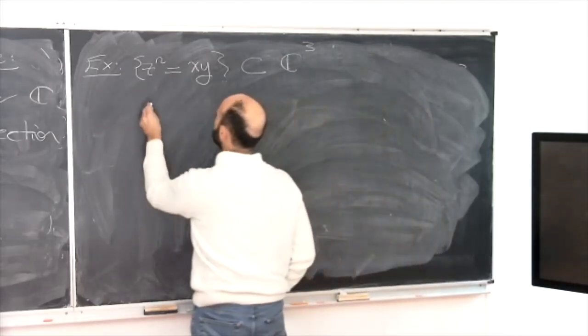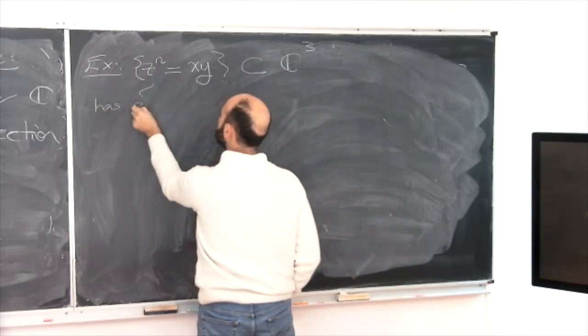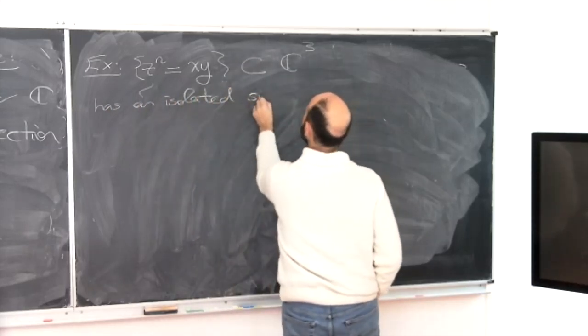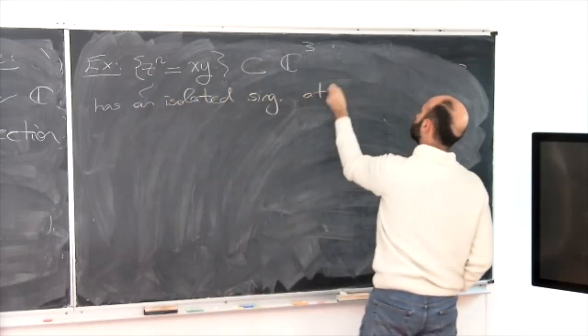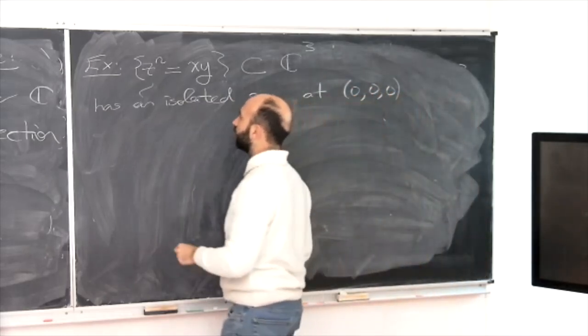This is an isolated singularity at 0, 0, 0, and this is a singularity of type A n minus 1.